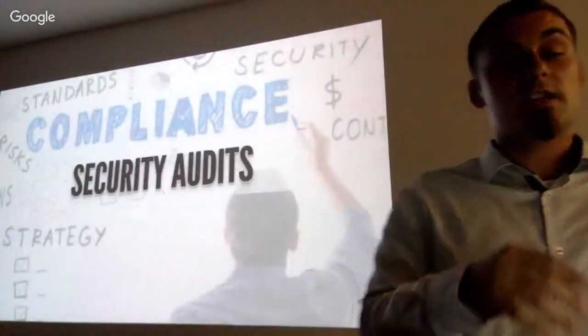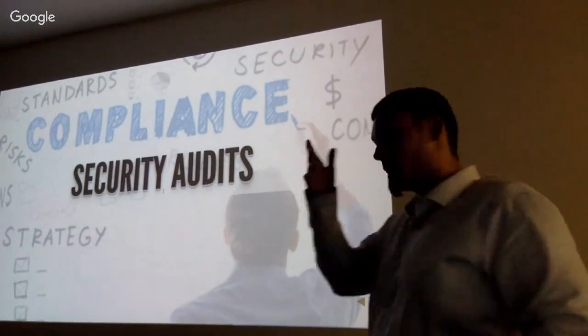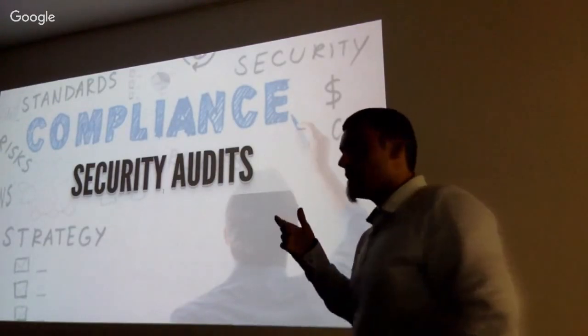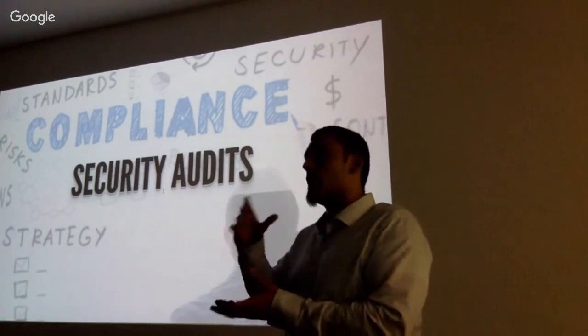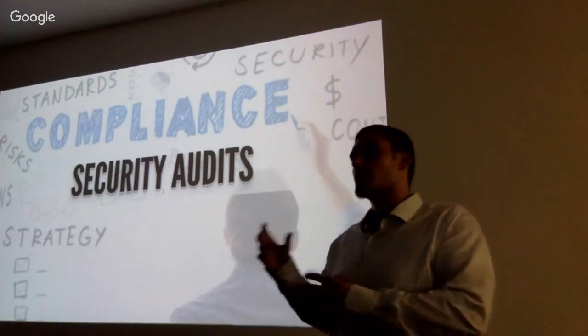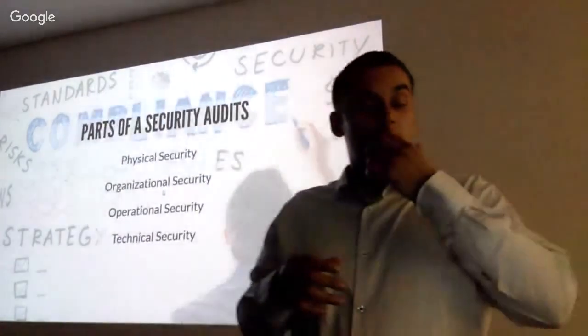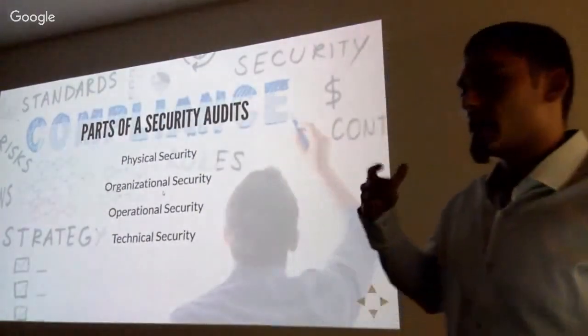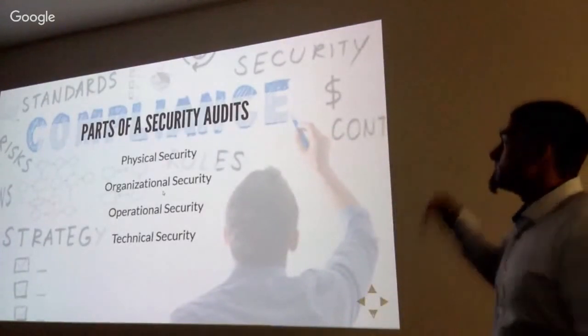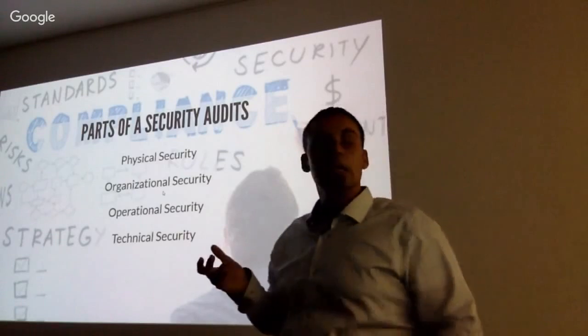The third use case, I use InSpec for my security audits. So imagine that a company wants to have a security check within this company, if they are secure or compliant to certain requirements and so on. Then we as SVA offer some packages: physical, operational, organizational, and technical security.